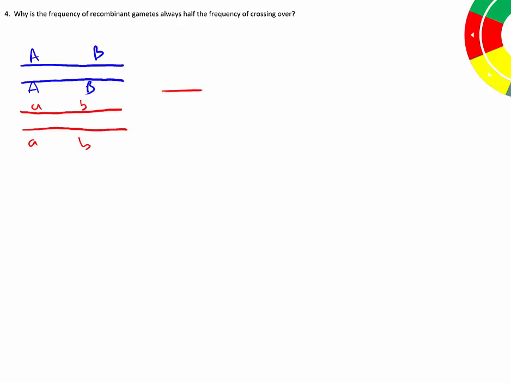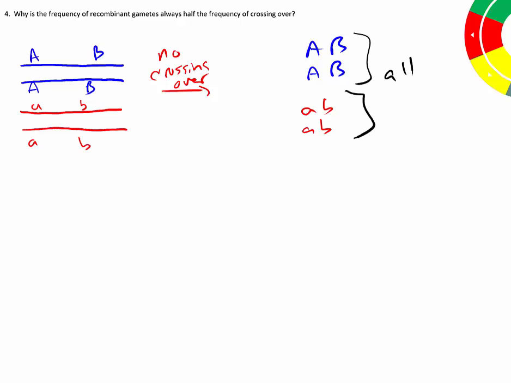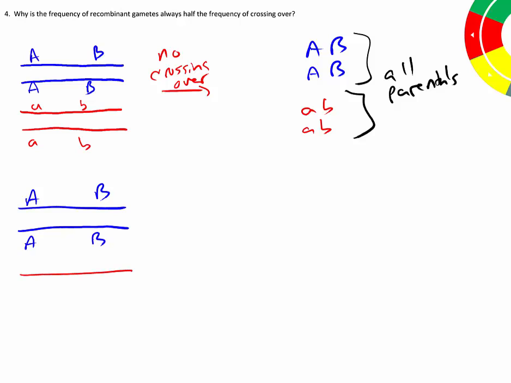Alright, so if there's no crossing over, we just get this. And what would we call these? These are parentals and these are parentals, so we get all parentals. But if we do get crossing over, we'll make our crossover in green.